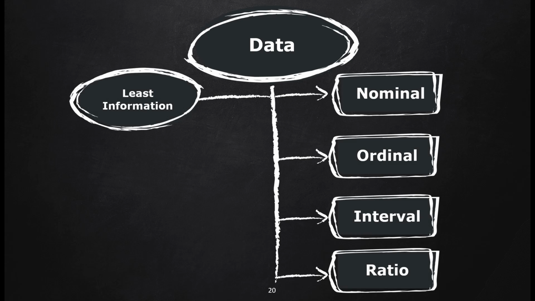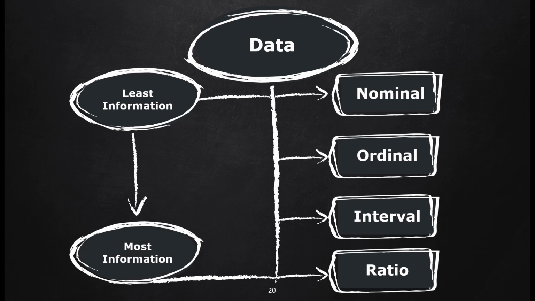Like we mentioned before, they're just labels or names. There's not a lot of stuff we could do with nominal data. And if we go further down, ratio gives us the most information. We can do a lot of cool stuff with ratio data values.